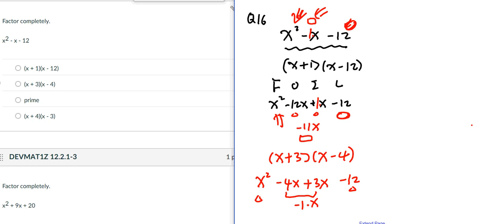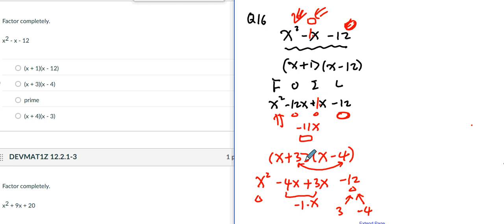Plus 3, minus 4. But again here, negative 12 comes to be what? Comes to be positive 3 times negative 4. Comes from here. You see, last product.